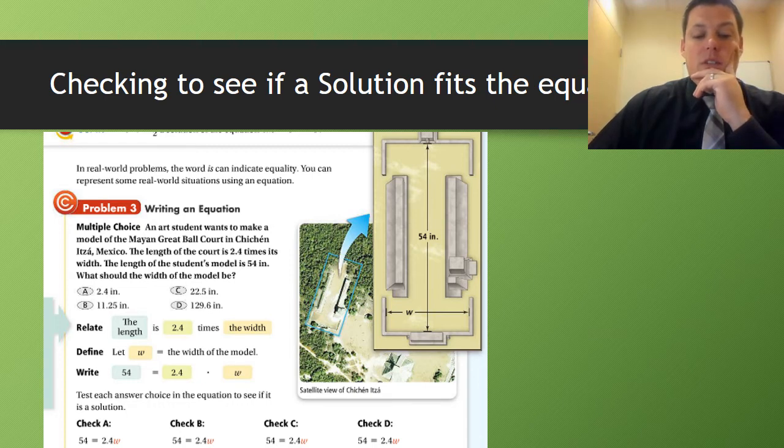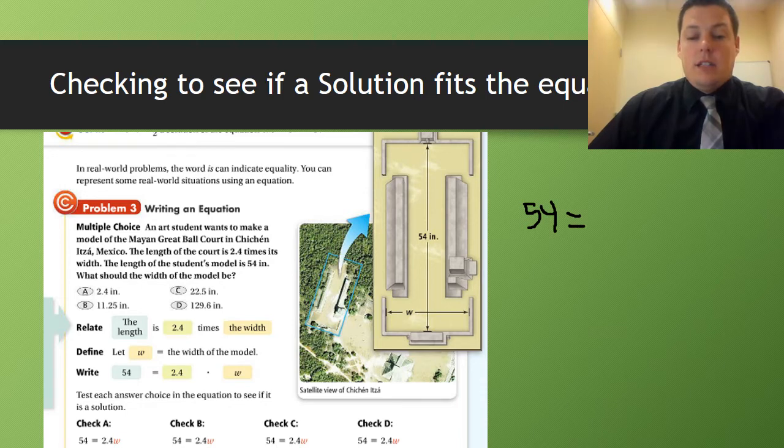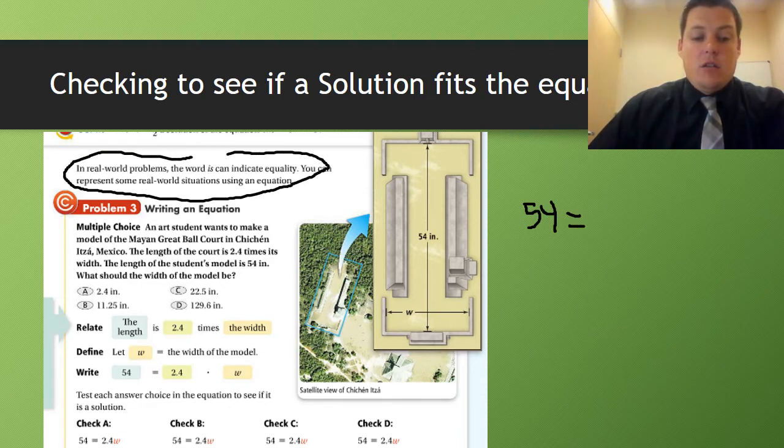So if you know the length is 54 and you know the width, the length is 2.4 times its width. Anytime we see "is," okay, that's where we put an equal sign.